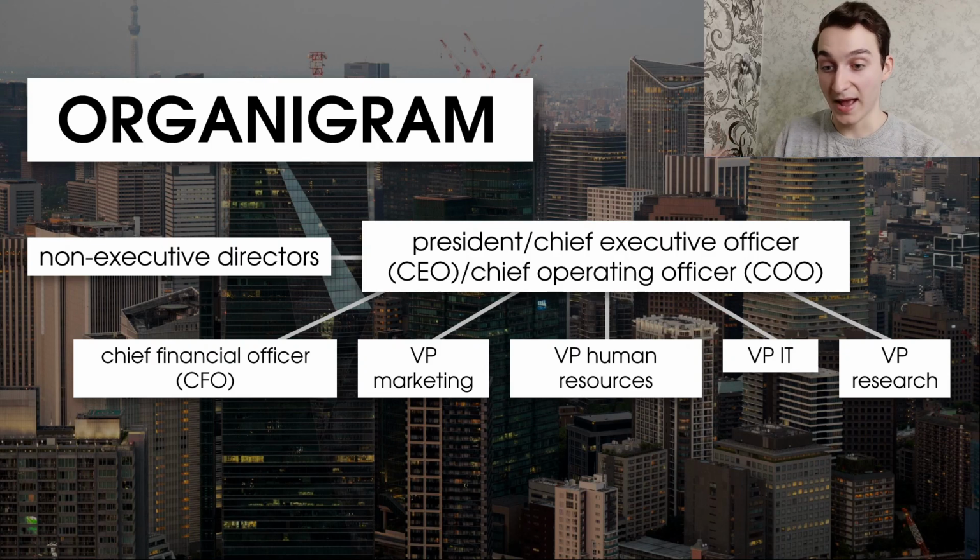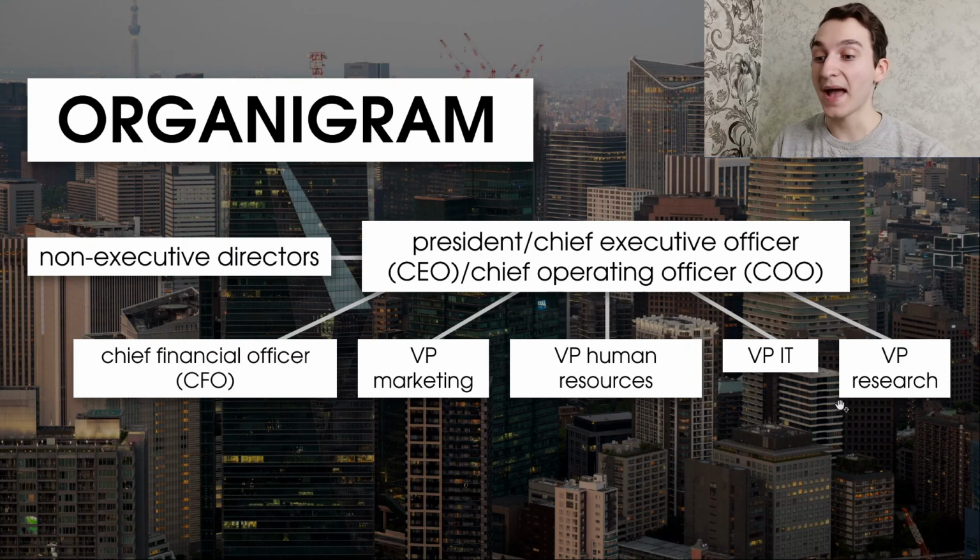Some companies may have this COO, some may not. And this is just a possible structure. That's it. Then the lower part is actually the same departments: financial or finance department, marketing, HR, IT, research.